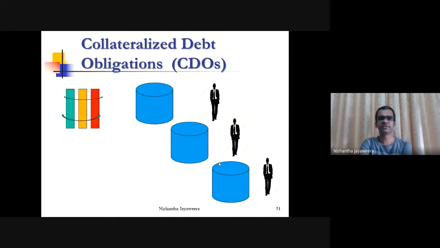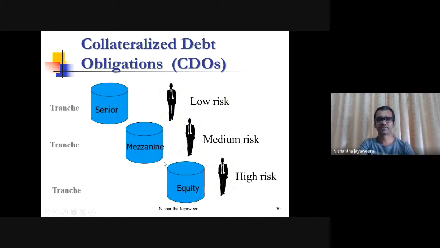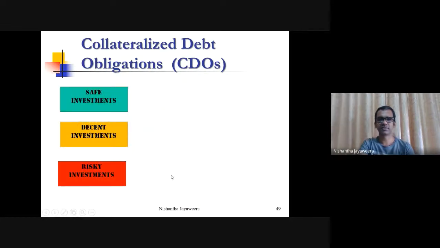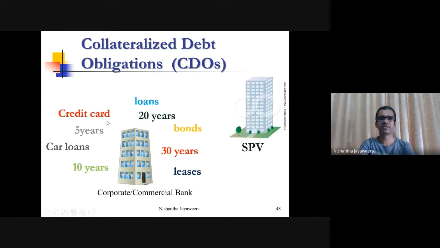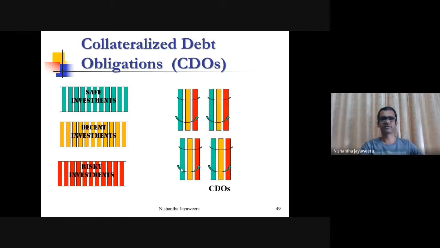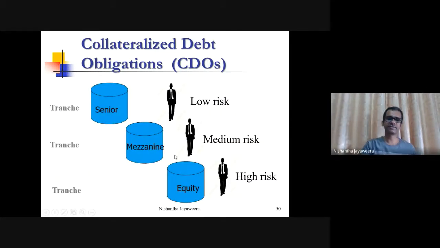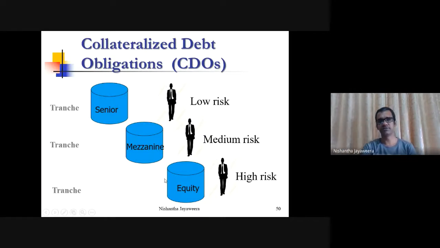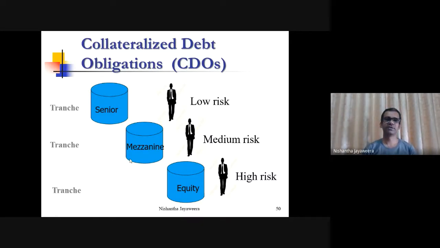Then what would happen? When they create this, if you remember, I mentioned that these assets can have different maturities. So they structure this in such a manner. Depending on these maturities, they may issue these with different maturities as well, considering the weighted average maturity of the loan portfolio.